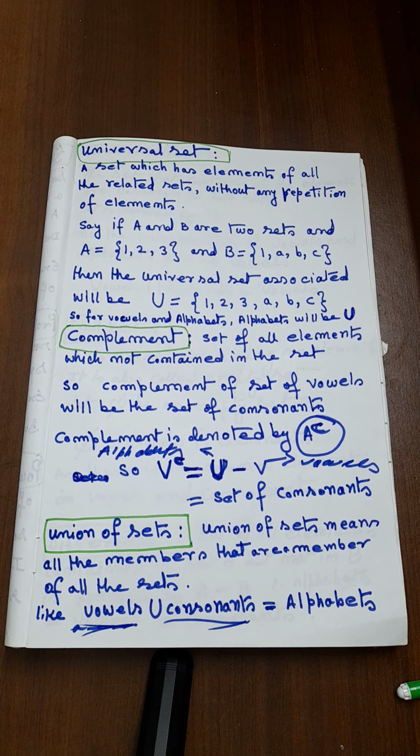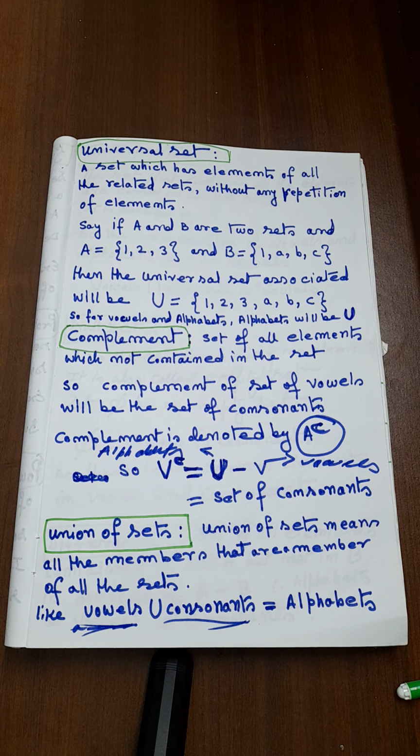Say if A and B are two sets, and A has members 1, 2, 3 and B has members A, B, C, then the universal set will be 1, 2, 3, A, B, C. So for vowels and alphabets, you can say that alphabet is the universal set of vowels, or that alphabet is the universal set of all the meaningful words in the world.